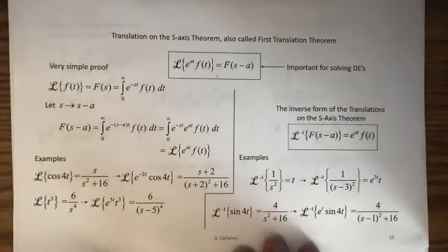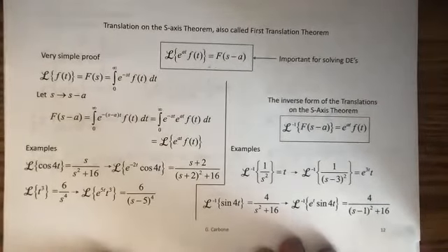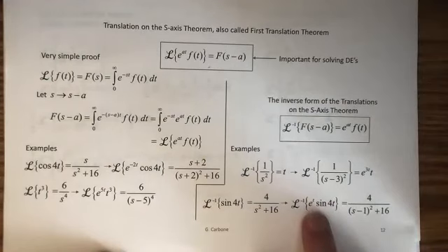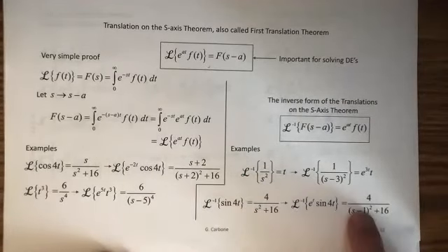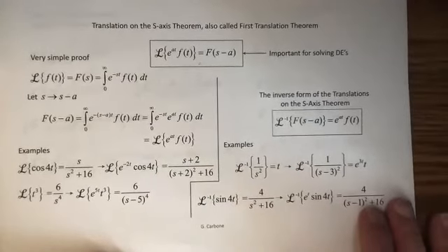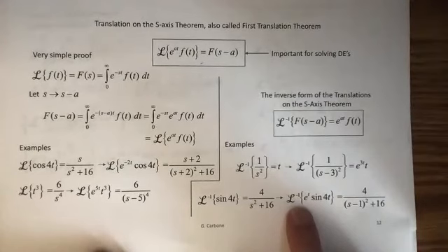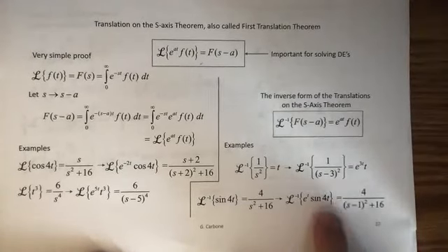So for example, this is what we did yesterday, where we have sine of 4t. This is what sine of 4t is. But then the inverse of this, this is the Laplace transform.